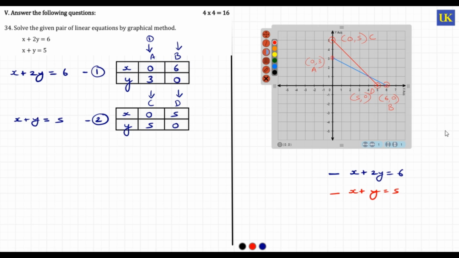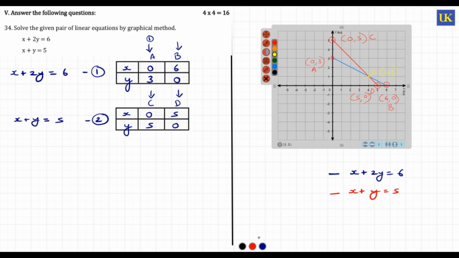Now you all can see that both the lines are cutting each other at x is 4 and y is 1, right? Here they are cutting each other. So this is our point of intersection, which is x is 4 and y is 1. So this is our answer in fact.